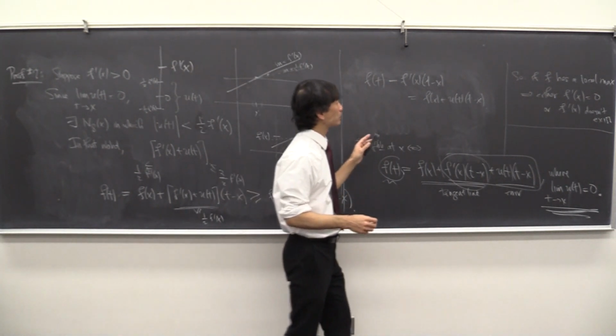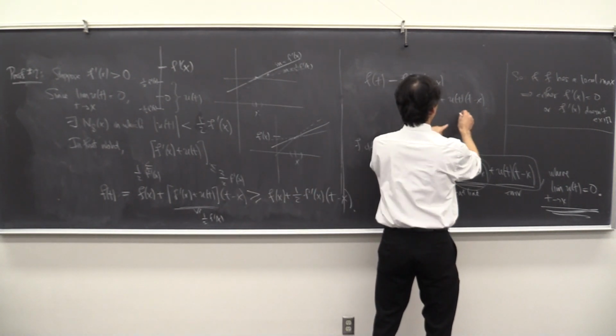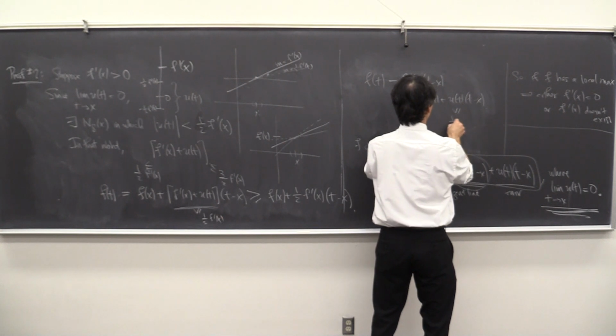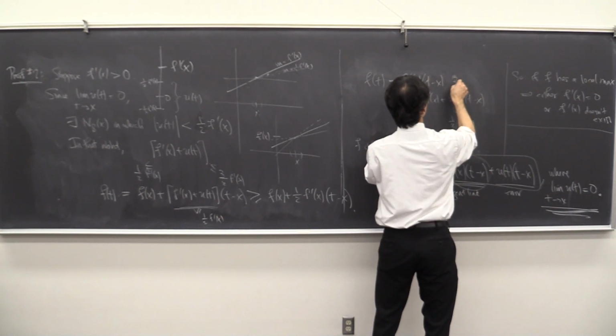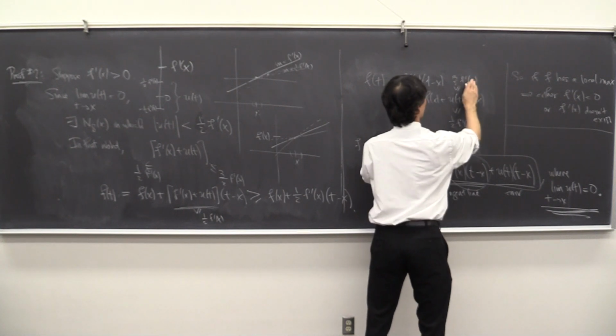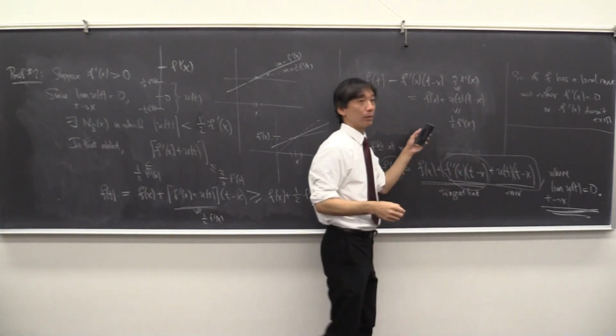Now u of t is trapped between 1/2 f prime x and 3/2 f prime x.